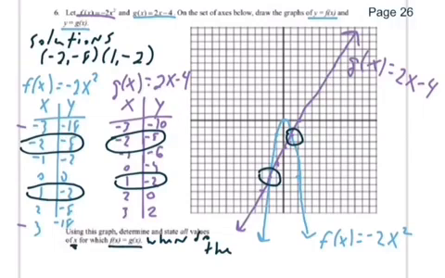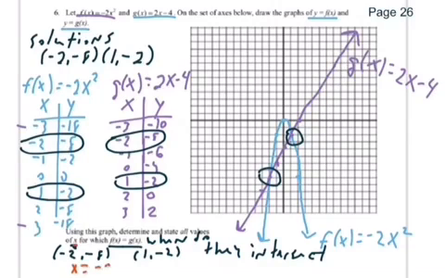So in order to show work on this, write down your actual solutions first, which are -2, -8, and 1, -2. Keeping in mind that they only want the x values underneath each, put down x equals -2 and x equals 1. That's what you would have to show in order to get full credit.